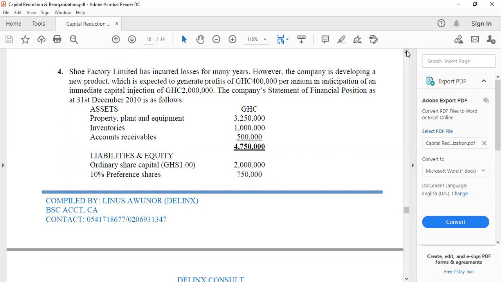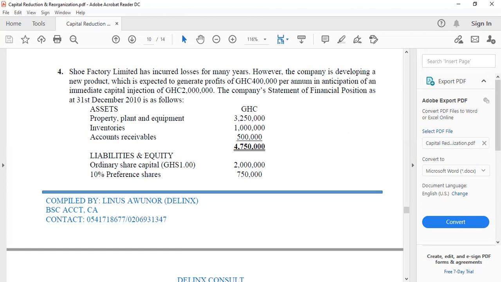What would be the immediate capital injection that they are asking the shareholders to make? At the top of the question, written down, before you have the statement of financial position. 2 million, isn't it?